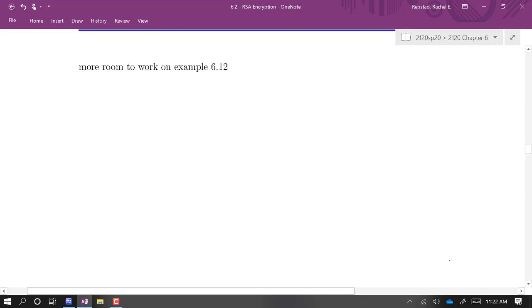Okay, so on this page we're going to see how we find the inverse of 53 mod 60. It starts with the Euclidean algorithm.